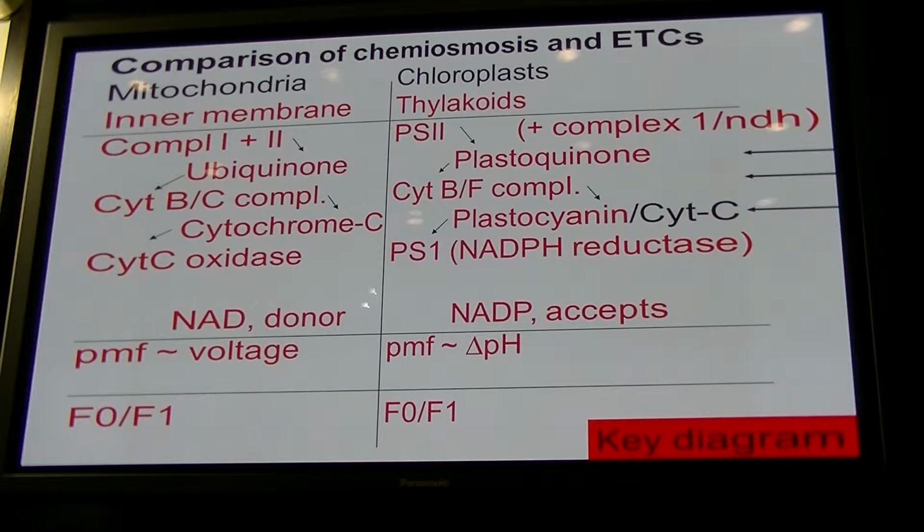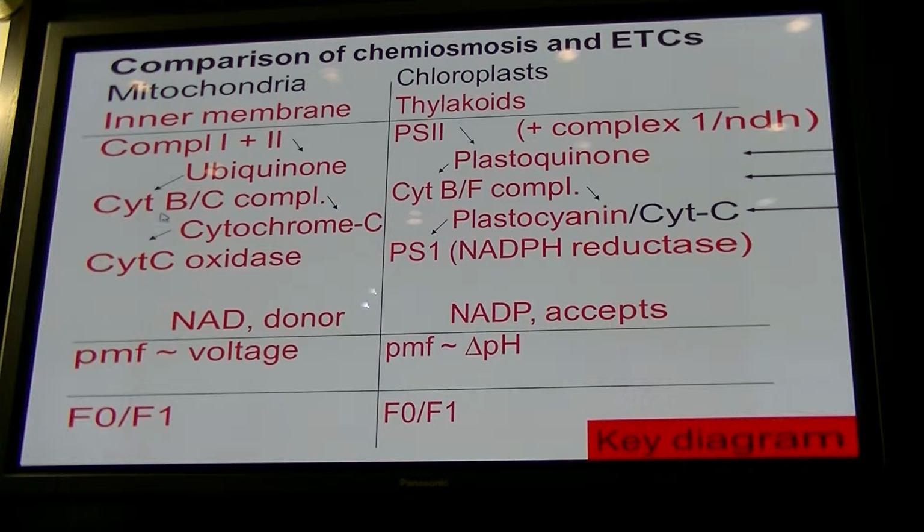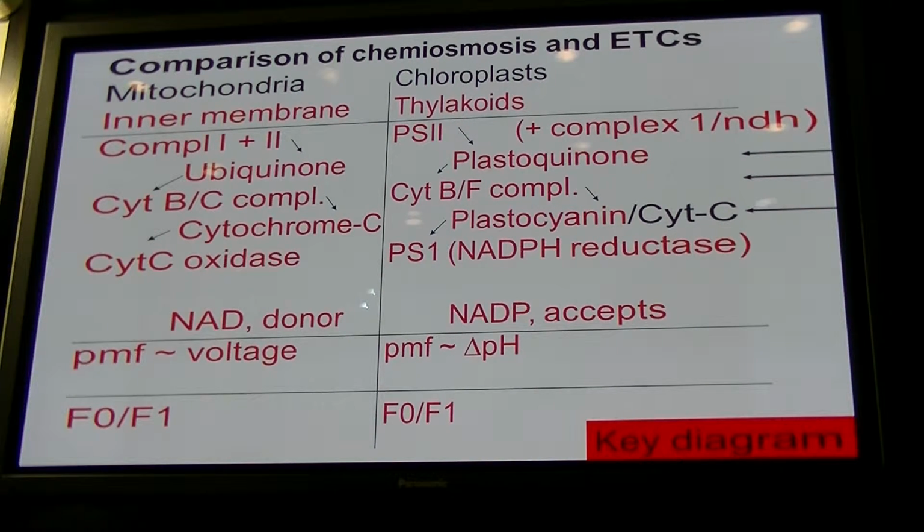The first complex in the membrane serves to reduce the quinone. We call that quinone ubiquinone in the mitochondrion and plastoquinone in the chloroplast. They are virtually the same molecules. Those quinones reduce a cytochrome containing complex that we call the BC1 complex in the mitochondrion and the B6F complex in the chloroplast. That is the same complex, they function in the same way.